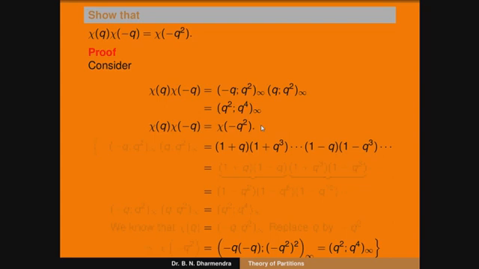Or I can show this by the definition. (-q;q^2)∞ (q;q^2)∞ is equal to (1+q)(1+q^3) and so on, the positive terms up to infinity, into (1-q)(1-q^3), the odd terms with negative sign.